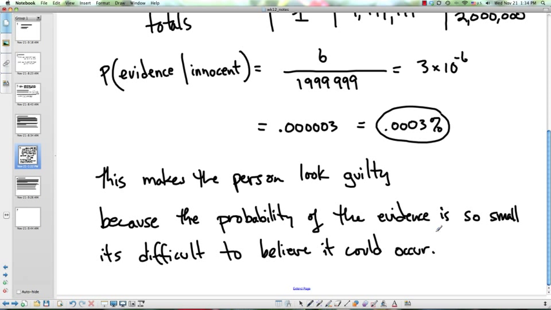And so that links you to the crime. It makes you look guilty because you have a connection to the crime. If you were innocent, the chance of your matching the evidence is so small that I don't believe that it could even happen, right? It's 3/10,000ths of a percent that you would match the evidence. And so this is building a case to make the person look guilty.